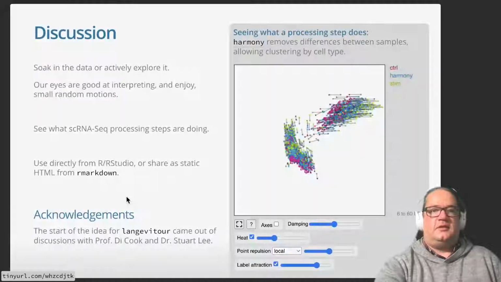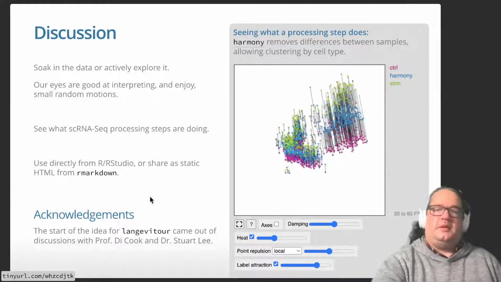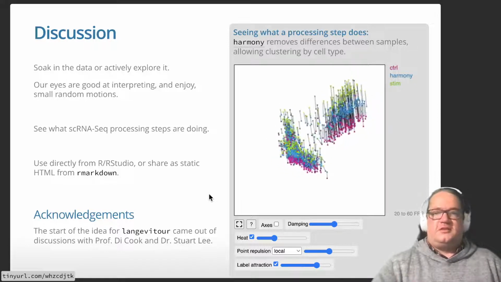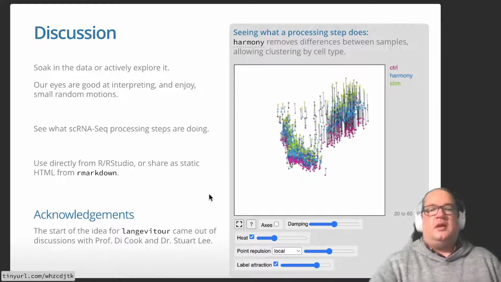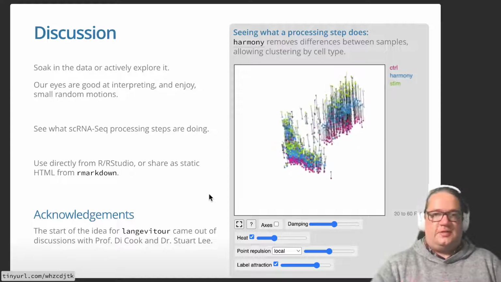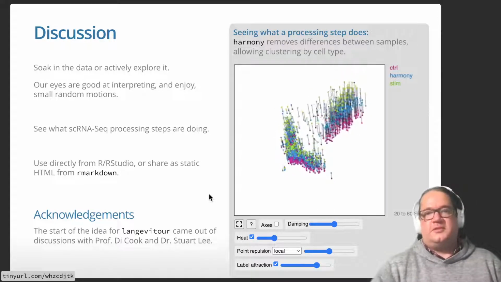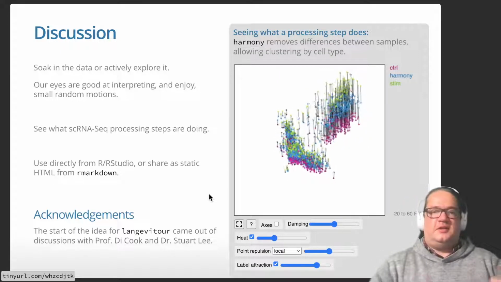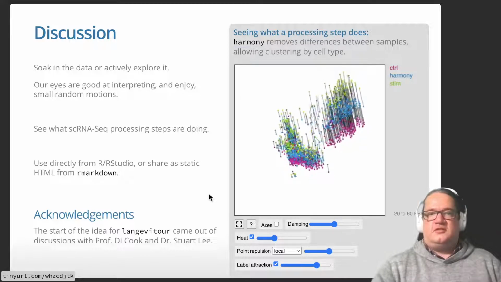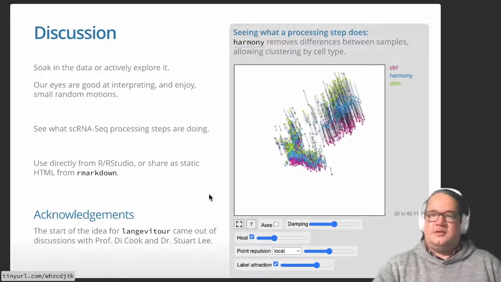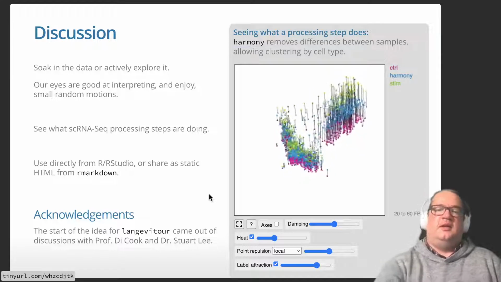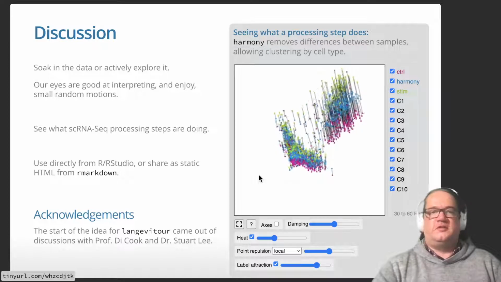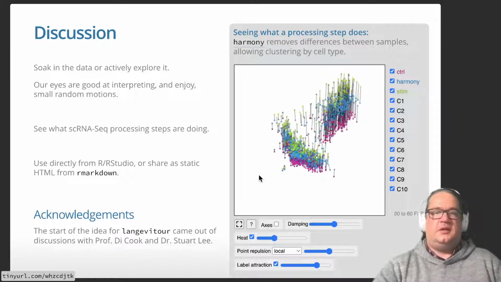Okay. So summing up, Langevitour lets you soak in the structure of your data, and then you can switch to actively exploring it, pulling out particular groups or particular variables. And as you pin down the projection you want to get at the thing you're interested in the data, it never stops moving, and those small motions are an extra channel of information.